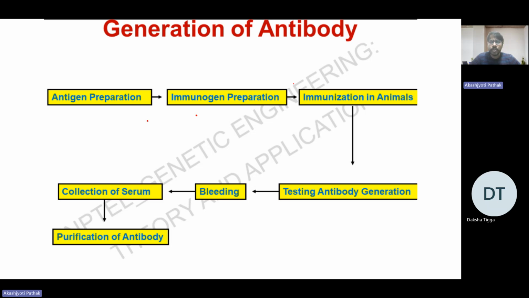Then once you have the immunogen, you inject it into a host organism, collect the serum, and from the serum you get the antibody. Then you test the affinity of that antibody for your antigen. So you have to do a screening test, and then you can purify the antibody.